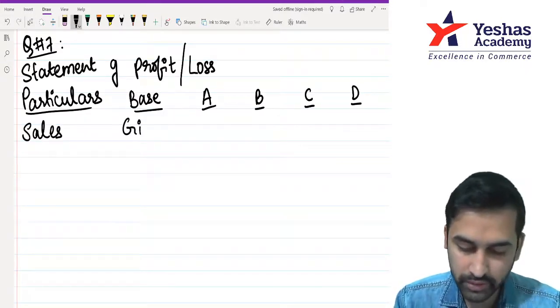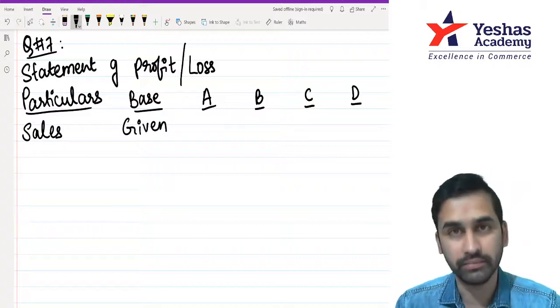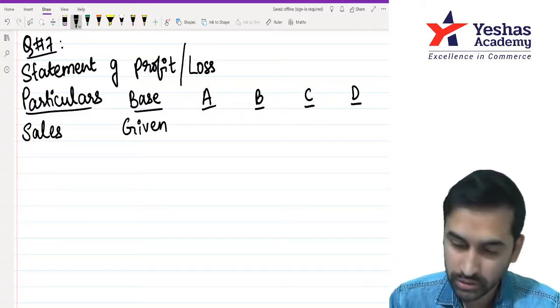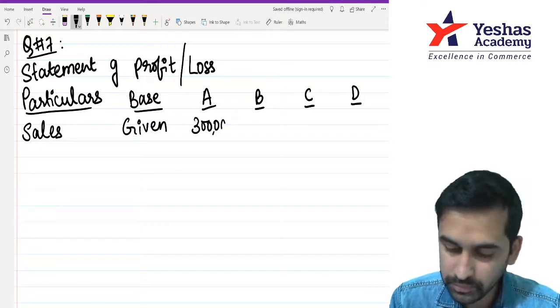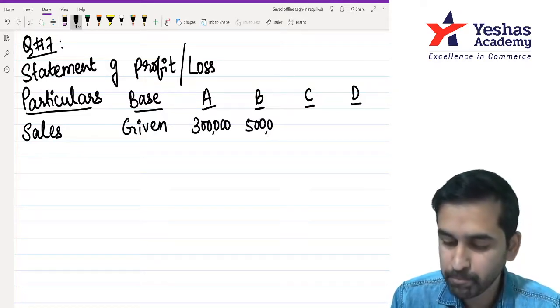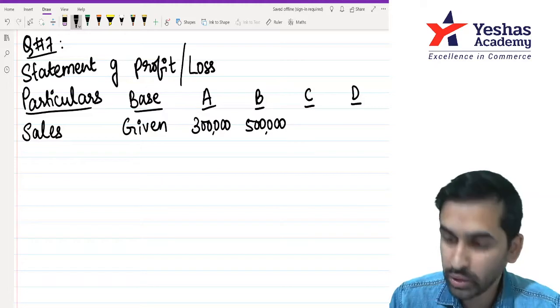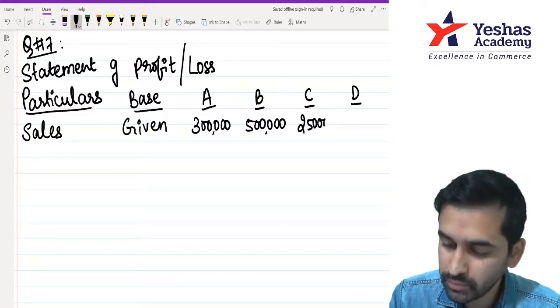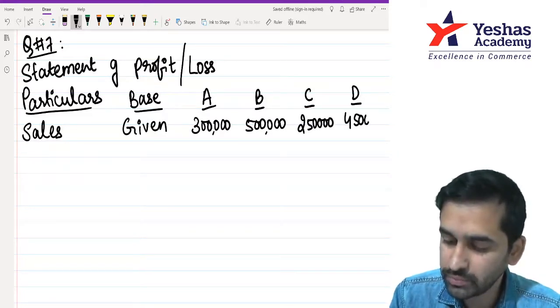What is already given in the base, you just write as given. That's it. 3 lakh, 5 lakh, 2 lakh 50,000, 4 lakh 50,000.